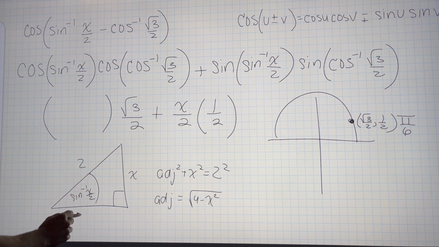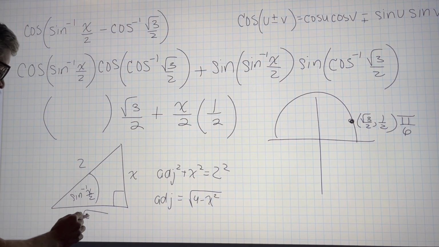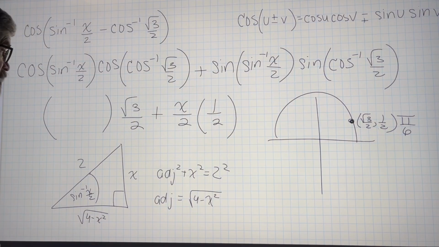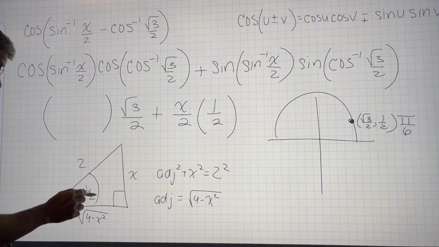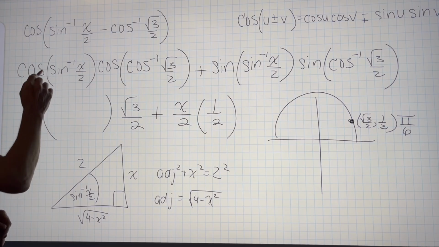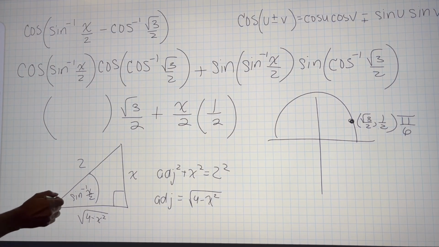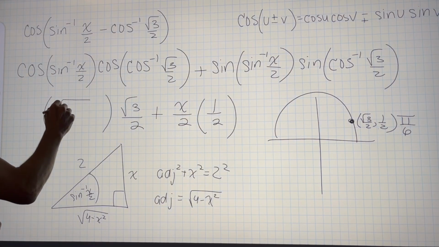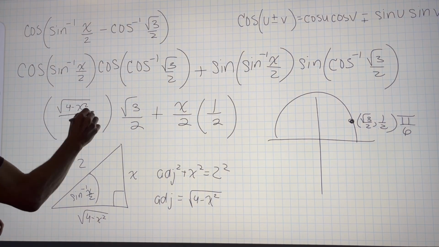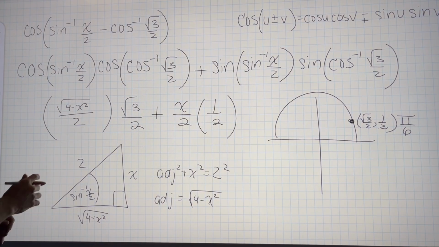Put that here. The cosine of this angle is adjacent over hypotenuse, so that's rad 4 minus x squared over 2.